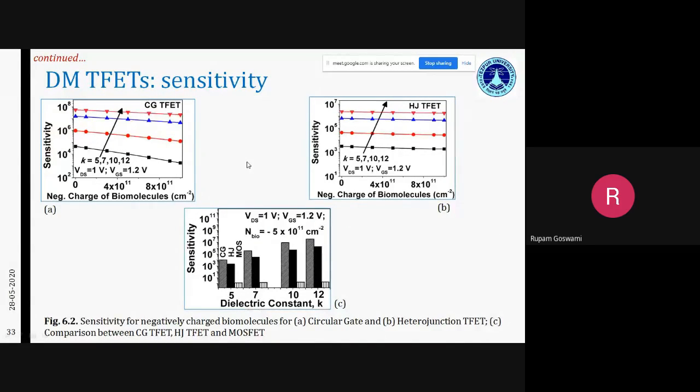So in figure 6.2c, you can see the comparison of both the TFETs with MOSFETs. Both these TFETs have much higher sensitivity as compared to MOSFETs. So this gives an indication that these TFETs can be widely used for this dry kind of sensing.